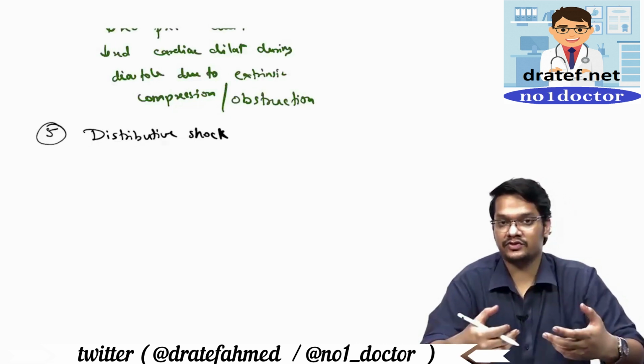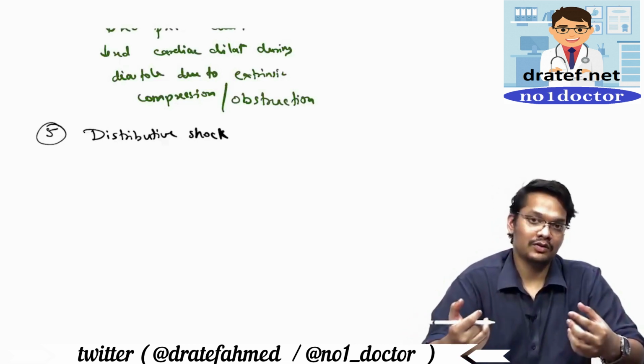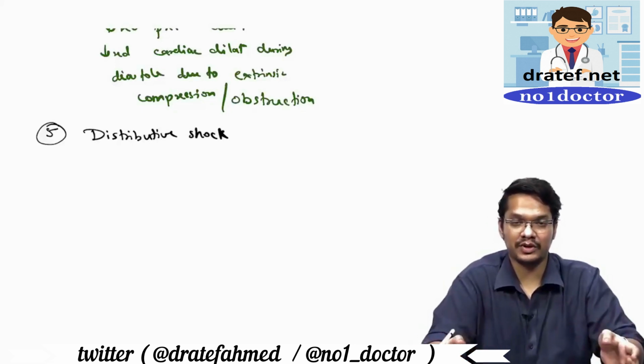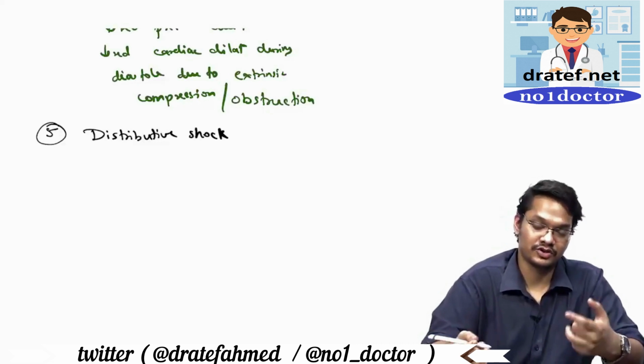Either there is increased vasodilation and hence the effective blood volume decreases, or a lot of water moves out from the blood into the tissues leading to tissue edema, and hence there is decreased blood volume. This kind of shock is called distributive shock.